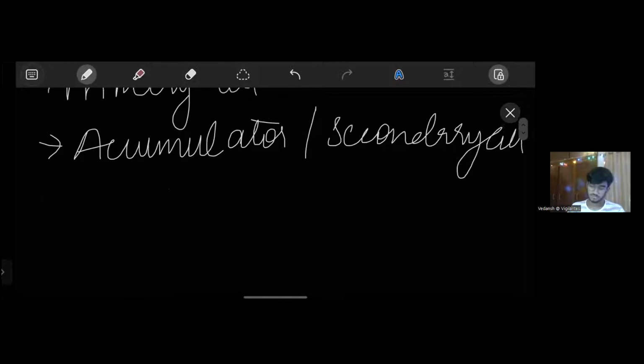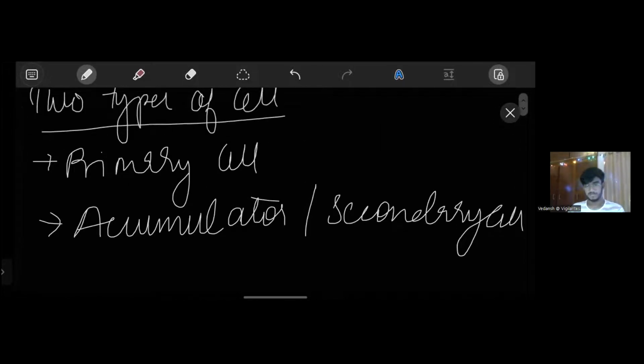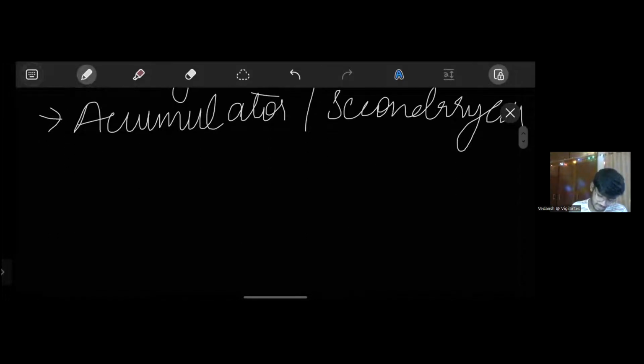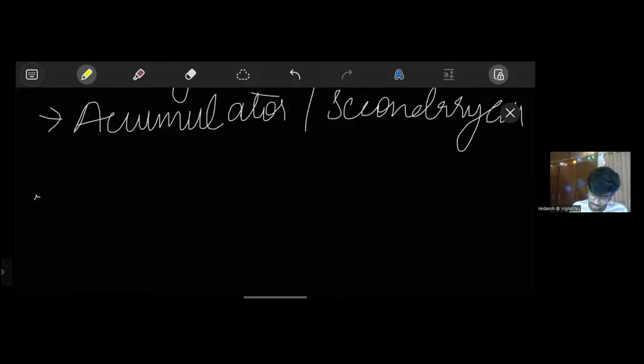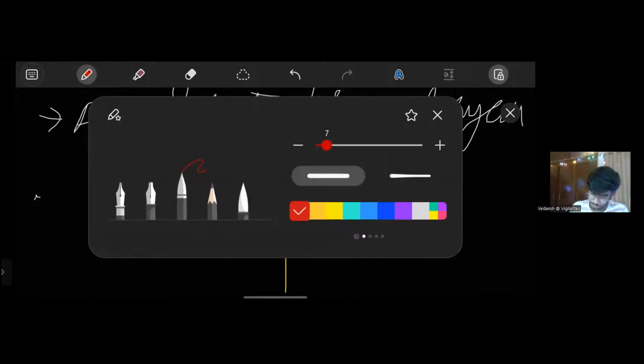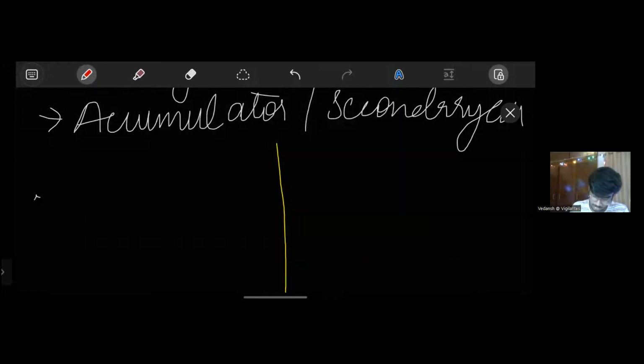Okay, so now what are primary cells? Primary cells are basically those kinds of cells which, let me just make one partition, have what we call an electrolyte solution present in them.